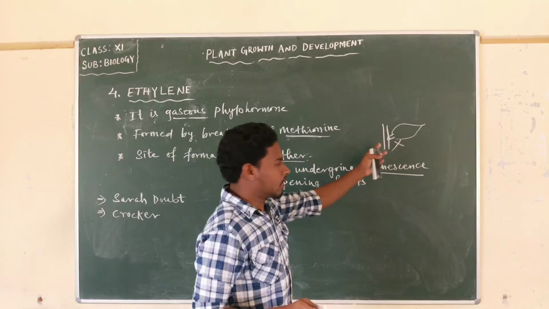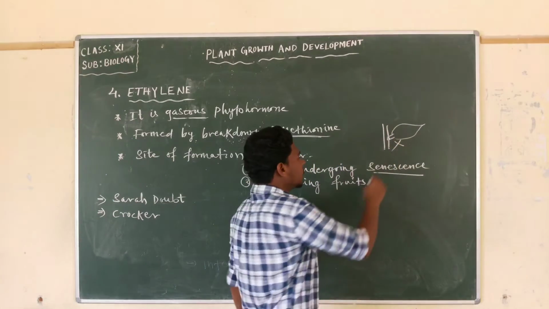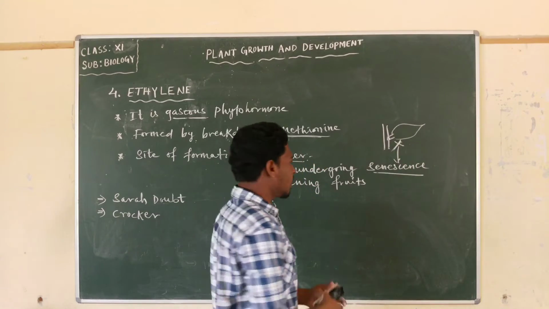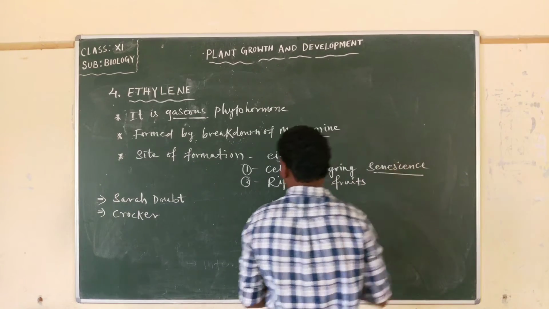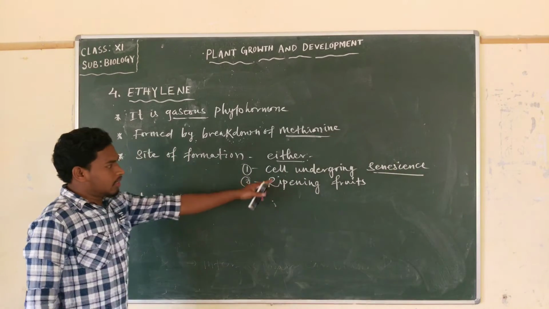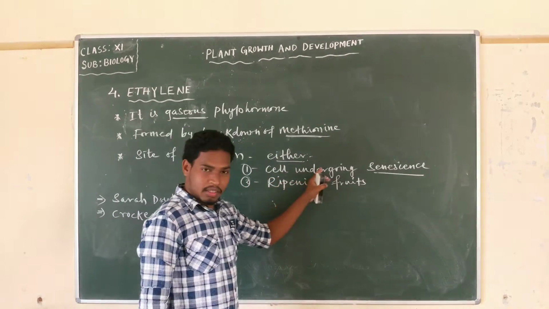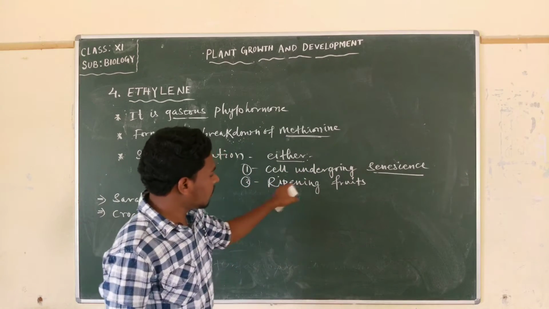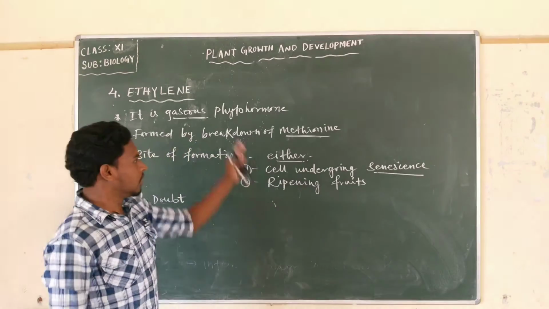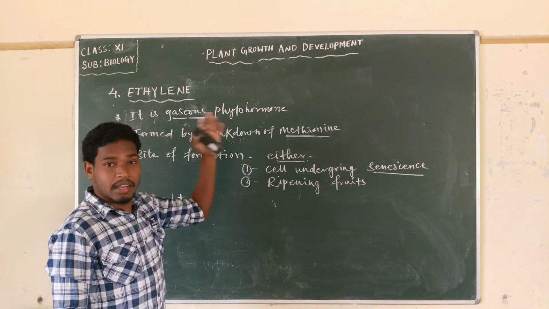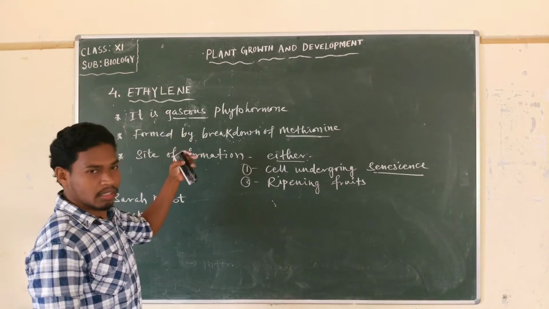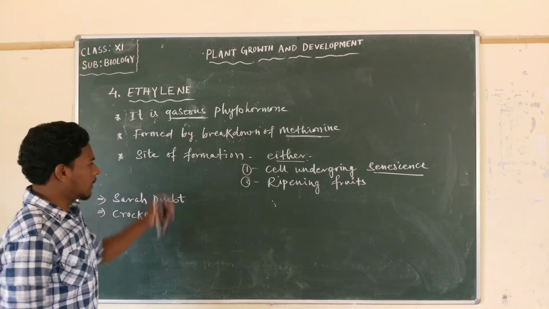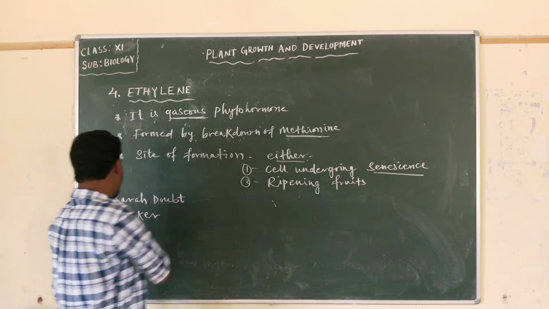For example, I am making you understand. So this falling off is known as senescence. So when exactly is ethylene produced? During cell senescence and during ripening of fruits, ethylene is produced, and this hormone is found in the gaseous state. And now there are two scientists.